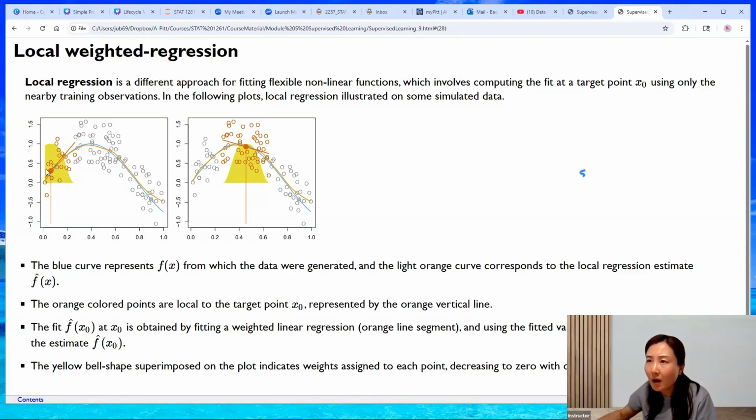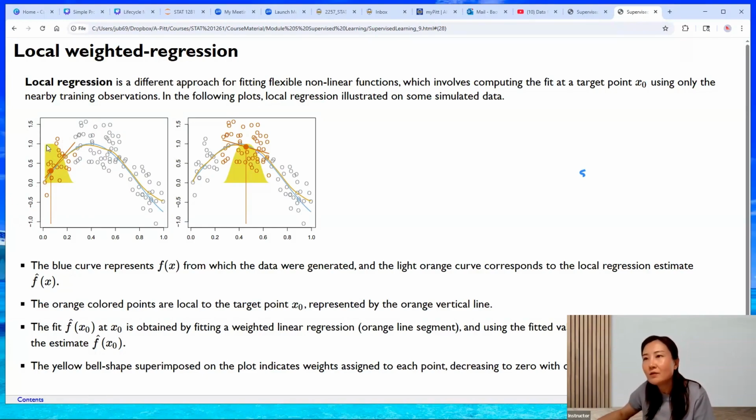All of these orange points are the neighborhood observations, or nearby training observations. The model will fit a regression model using only these observations. So that's why it's called local regression.